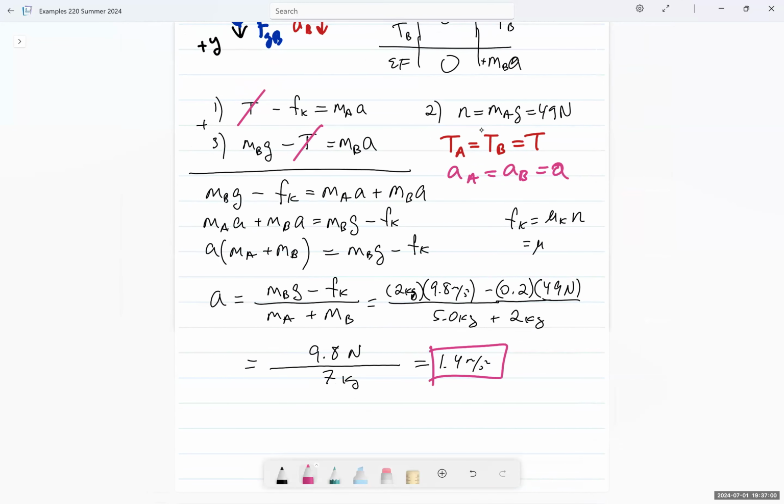So then the acceleration of both of those objects will be 1.4. Box A will have 1.4 meters per second squared i hat, and B will have 1.4 meters per second squared j hat.